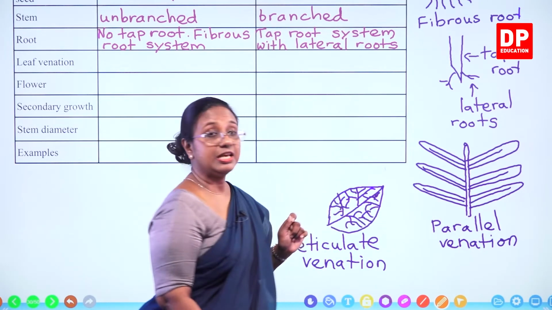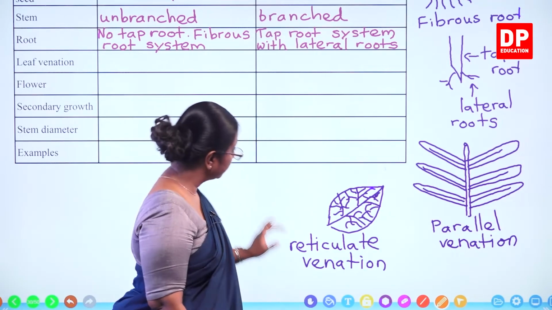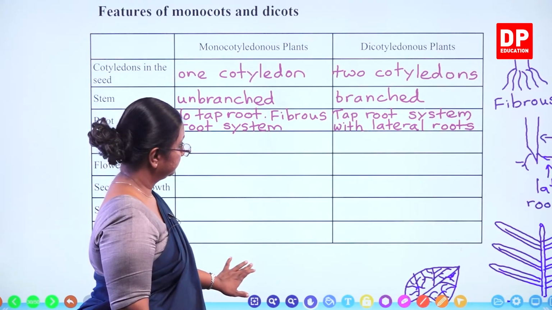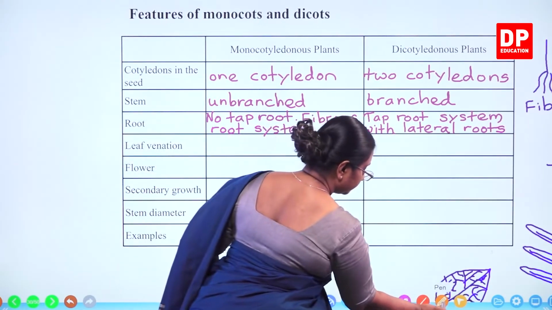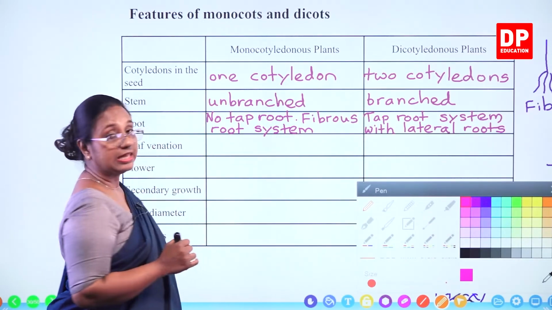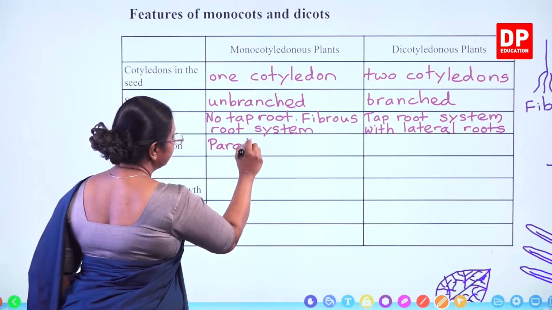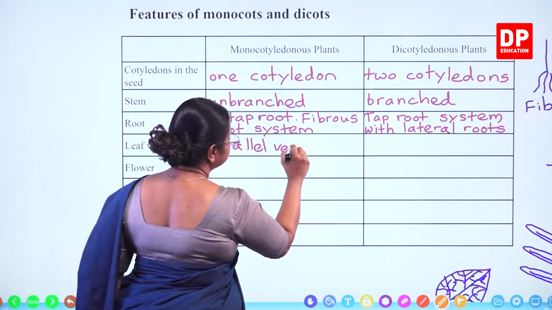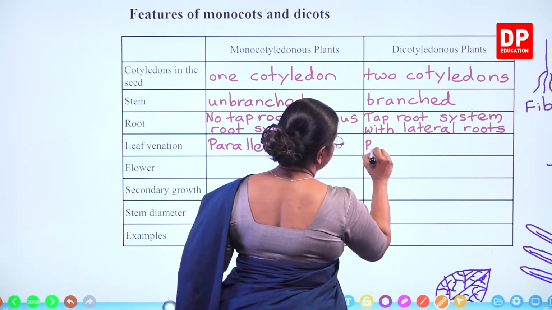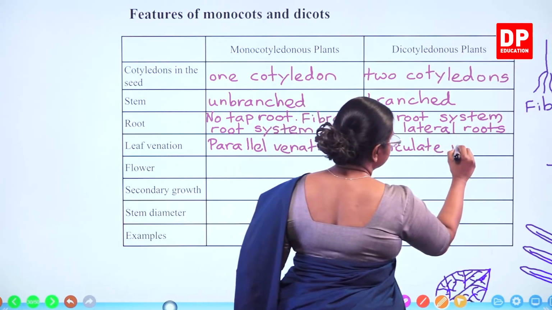So parallel venation in monocots, reticulate venation in dicots. So that is the next characteristic. When we look at the leaf venation, in monocots we have parallel venation, and in dicots we have reticulate venation.